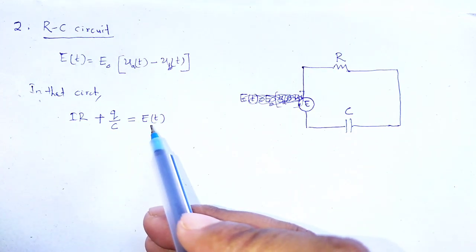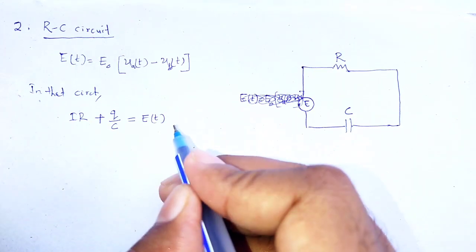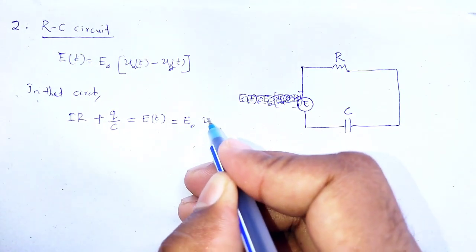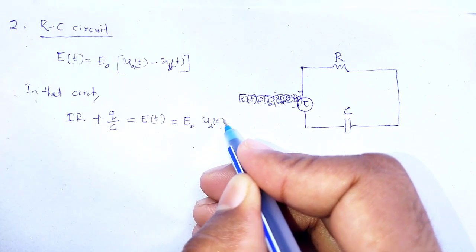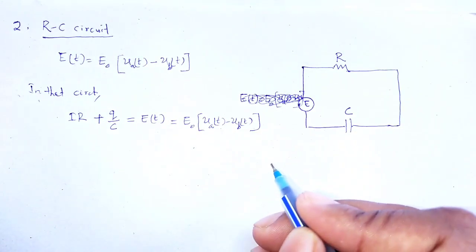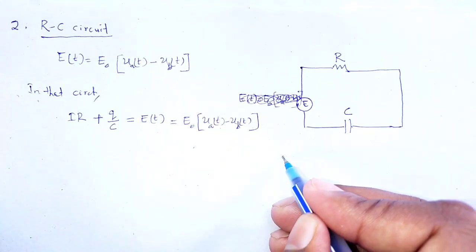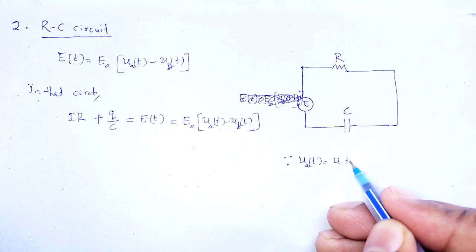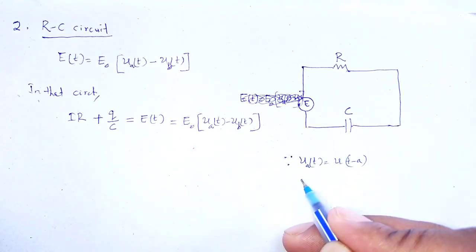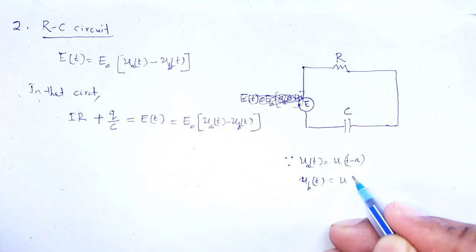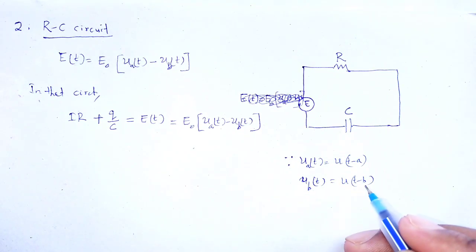Here we have E as a function of t equal to E naught u at A minus u at B. What is u at A? u at A is equal to u of t minus A, and u at B is u of t minus B.